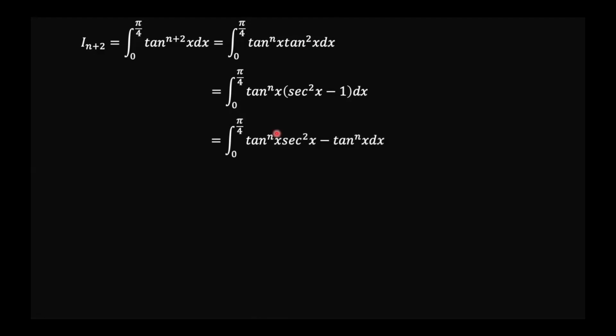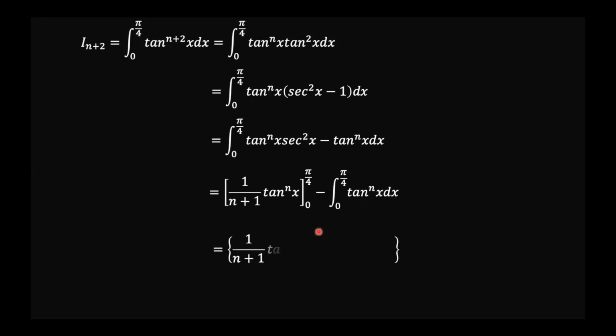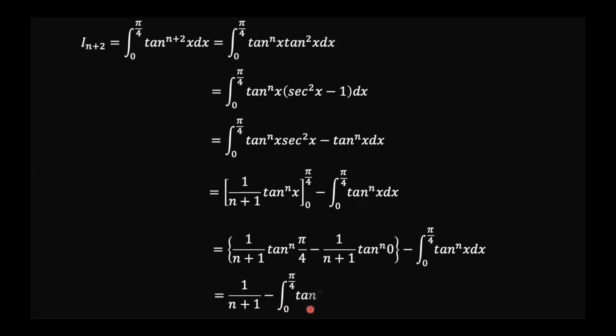Now we know this will result in 1 over n plus 1 times tan to the power n plus 1 of x with limits 0 and pi over 4, and then the second term will remain as it is. So substituting in the limits, we get 1 over n plus 1 minus the integral of tan to the power n of x, and then obviously with limits 0 to pi over 4.